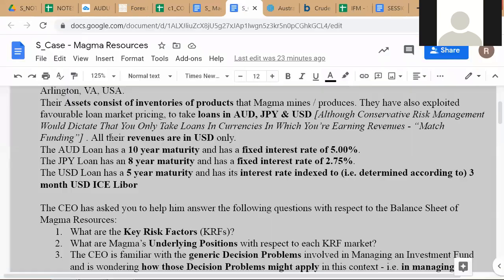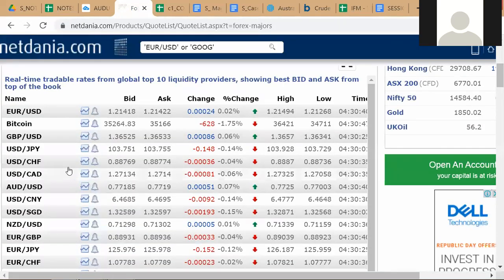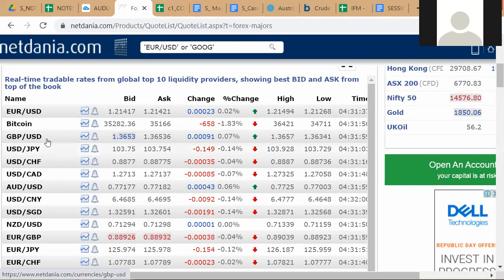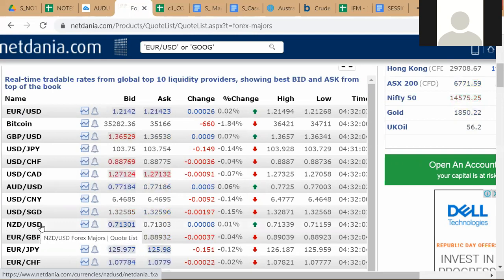What is not consistent is the spot market conventions. In the spot market, in certain markets like Aussie US, Euro US, Sterling US, Kiwi US, the dollar is the terms currency.